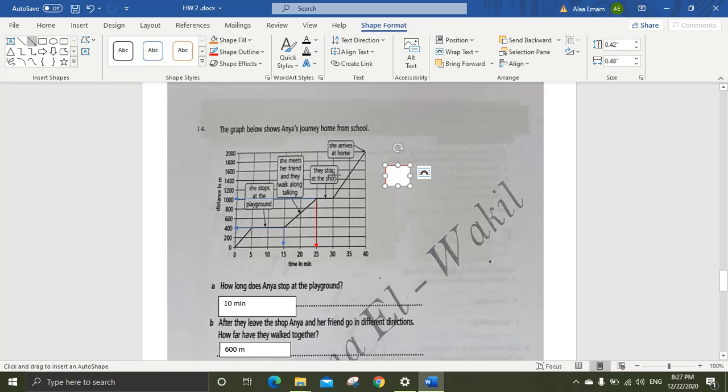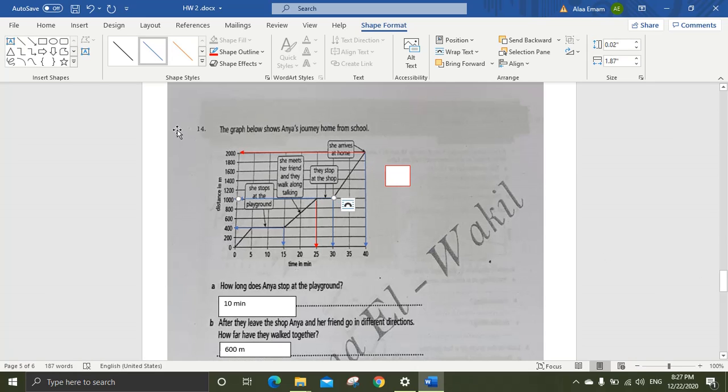Again, use your ruler. Specifying the distance, you need to make a line to intersect the x-axis, two lines. So now you have a time which is from 30 to 40, so actually it's 10 minutes. However, the distance is 2000 in points, while it starts at 1000 again.